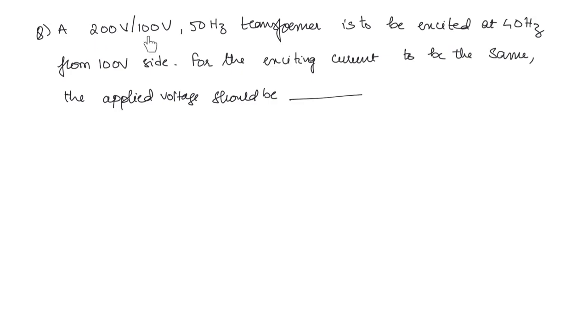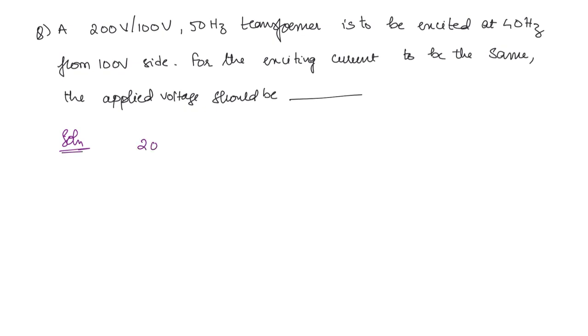A 200 volt by 100 volt 50 hertz transformer is to be excited at 40 hertz from the 100 volt side. For the exciting current to be the same, the applied voltage should be. So first we will write down the given information.